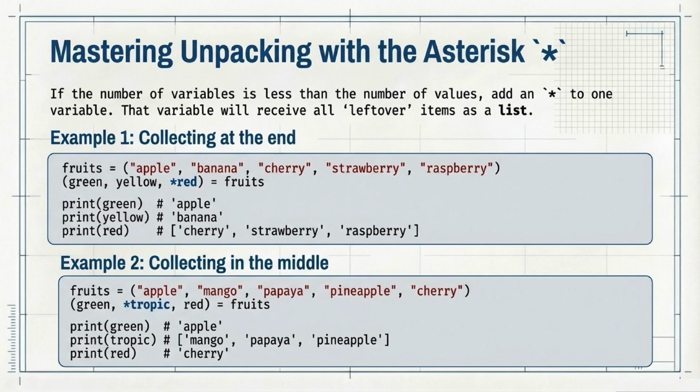This ability to flexibly capture remaining elements makes the asterisk a powerful tool for writing clean, readable, and adaptable Python code, especially when working with sequences of varying lengths.